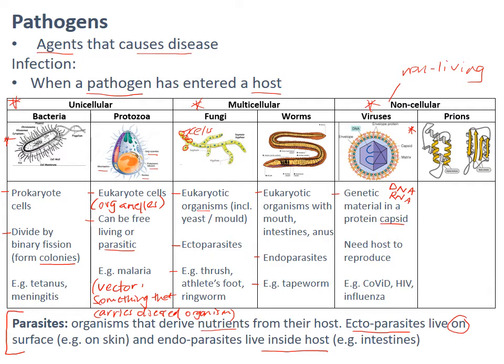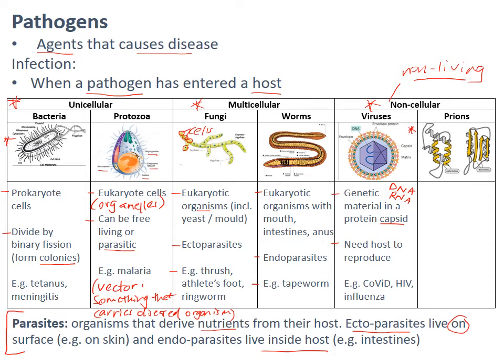It's just a bit of DNA or RNA in a protein shell. They need a host to reproduce. So if we come back up to here, how we said they're non-cellular, which means they're non-living, that is because a virus cannot reproduce on its own. It needs to move from host to host, and we'll look at that in a little bit more detail.